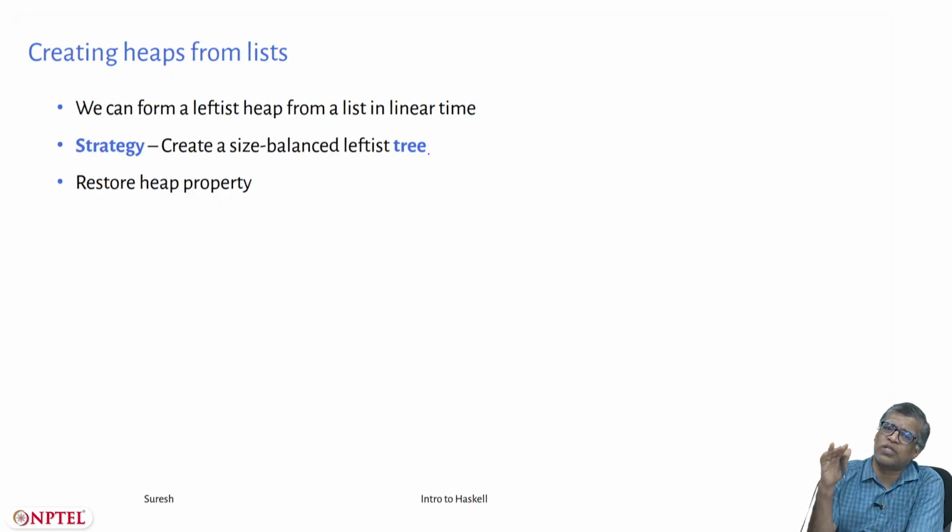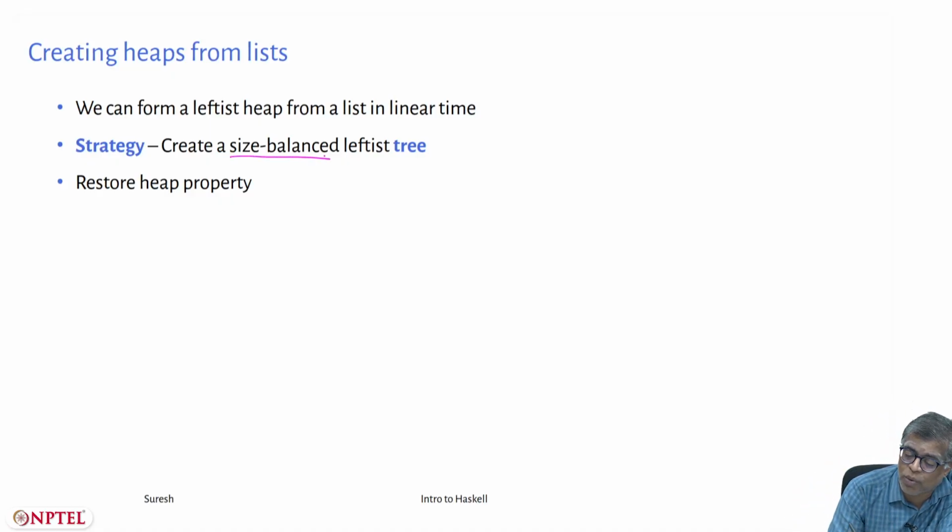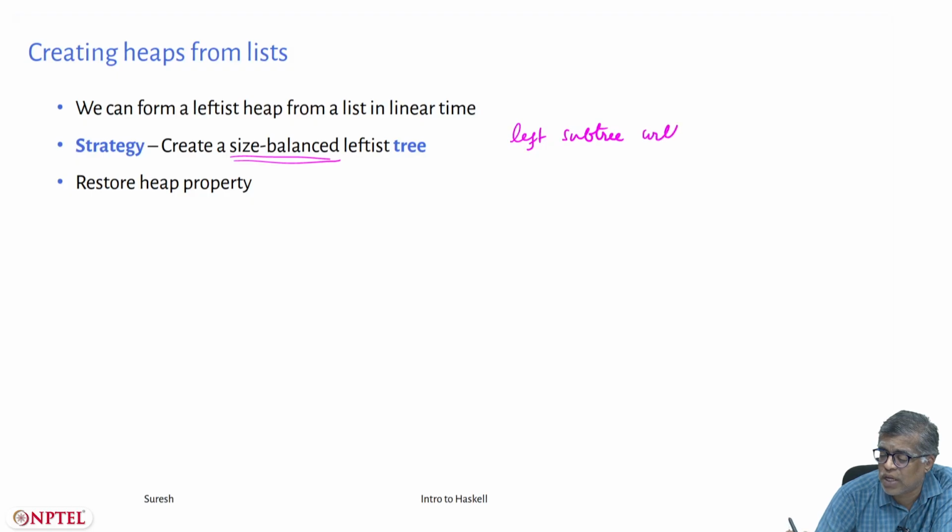So the structure remains the same, which means that it is size balanced, which is actually more than what you want, okay. In a size balanced leftist tree, the left subtree will have size at most equal to the right subtree.